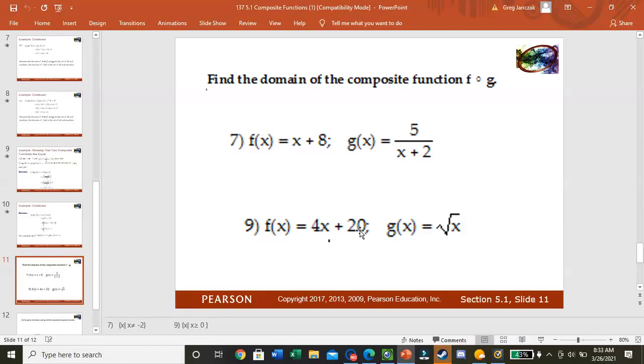Find the domain. Oh, wait a minute. Hold on. I don't think we're doing that. Find the domain.